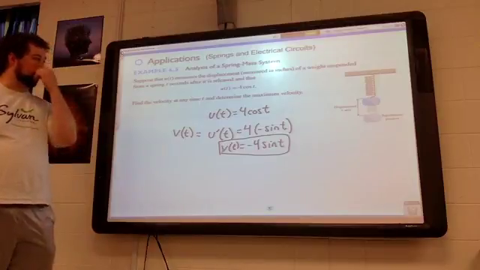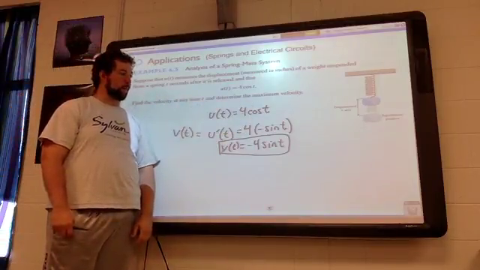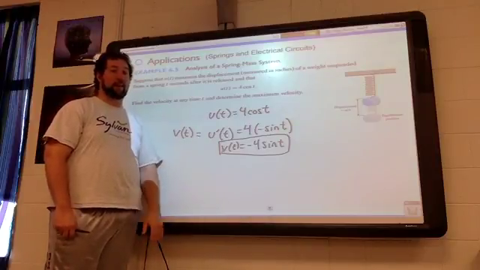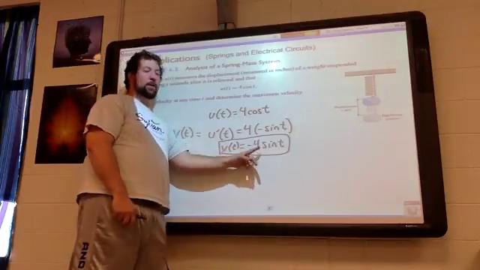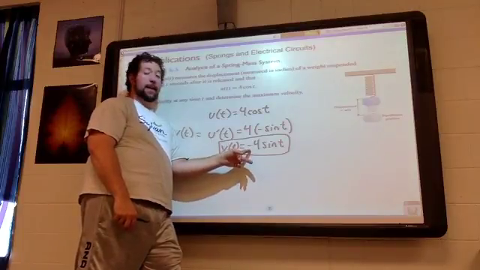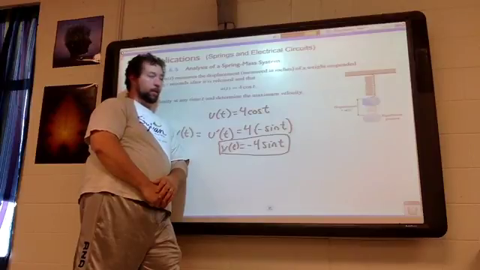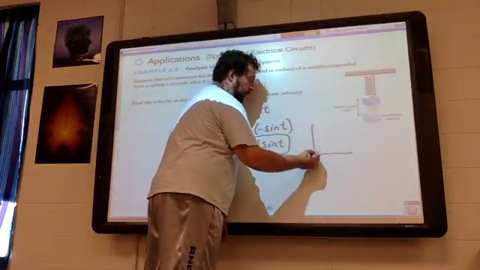All right, for the second part, it asks to determine the maximum velocity, the fastest it's ever going to get. We can tell that by realizing, what does the sine function look like? Or more importantly, what does negative 4 times the sine of t look like? Well, sine starts at 0.